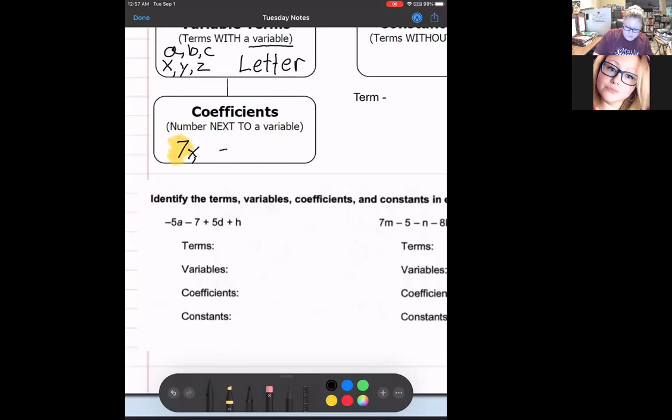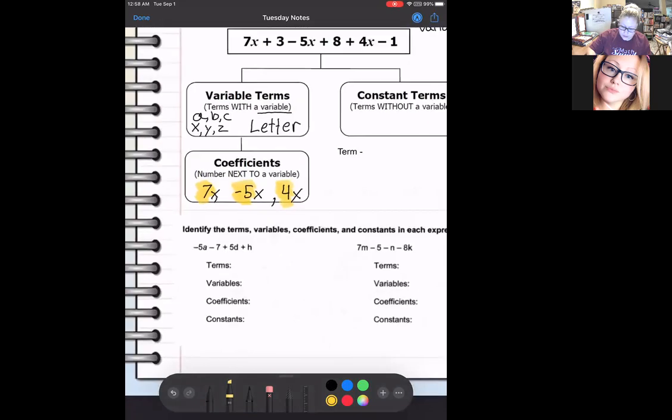That negative 5x that we see at the top, the coefficient would be negative 5. And the 4x that we see, the coefficient would be the 4. It's always the number touching the variable, attached. Again, pause if you need to.